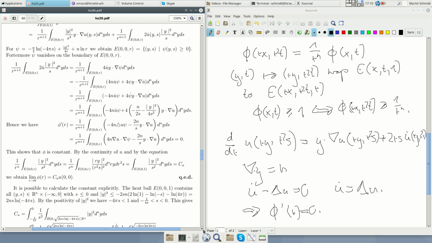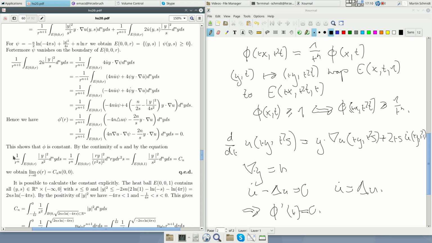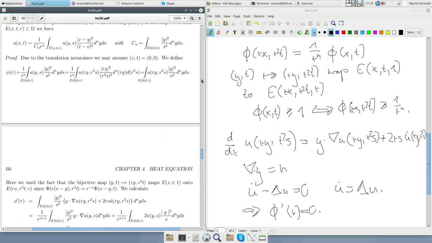Now it's quite easy to finish the argument. By continuity, if we make the ball very small, in the limit r going to 0, then in this integral we may replace u by the constant value at 0.